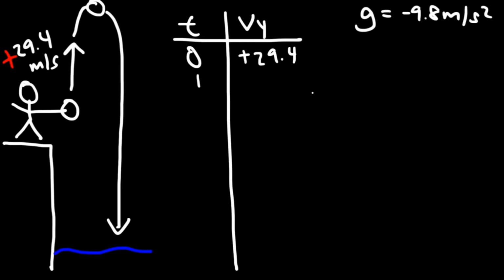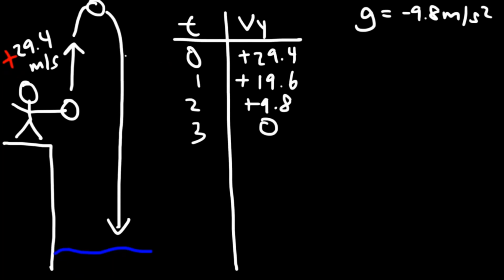When t is 1, the acceleration tells us how much the velocity is changing every second, so 1 second later it's going to decrease by 9.8. 29.4 minus 9.8 gives us 19.6. So 1 second later, it's going to be positive 19.6. 2 seconds later, it will decrease again by 9.8, so it's going to be positive 9.8. 3 seconds later, it's going to be 0.